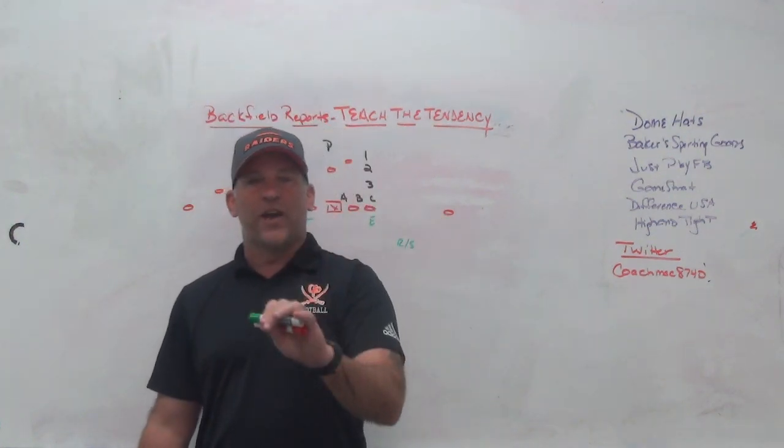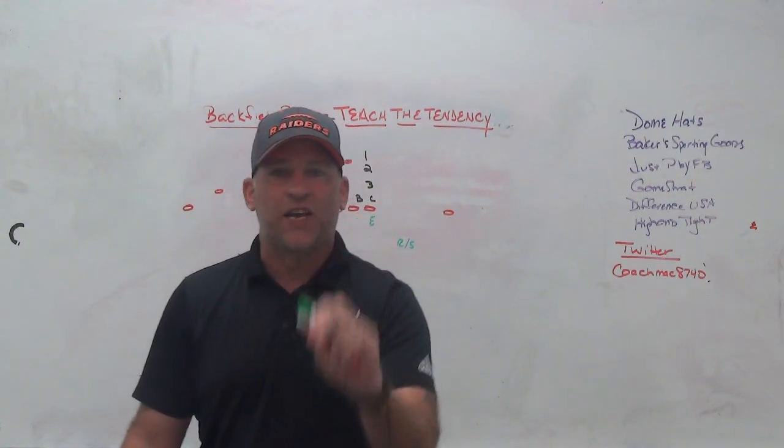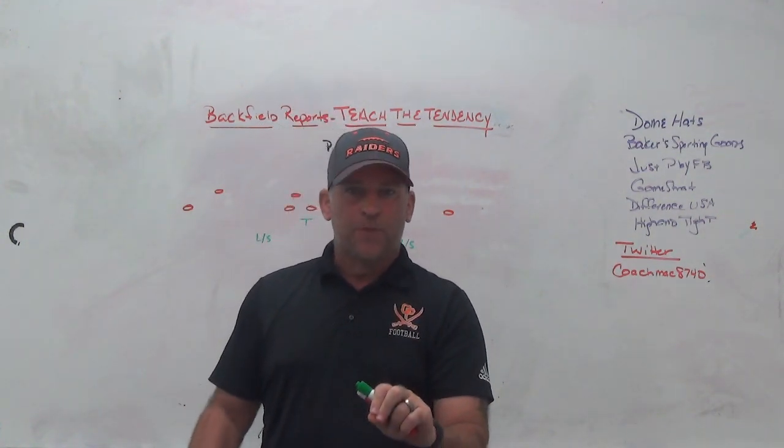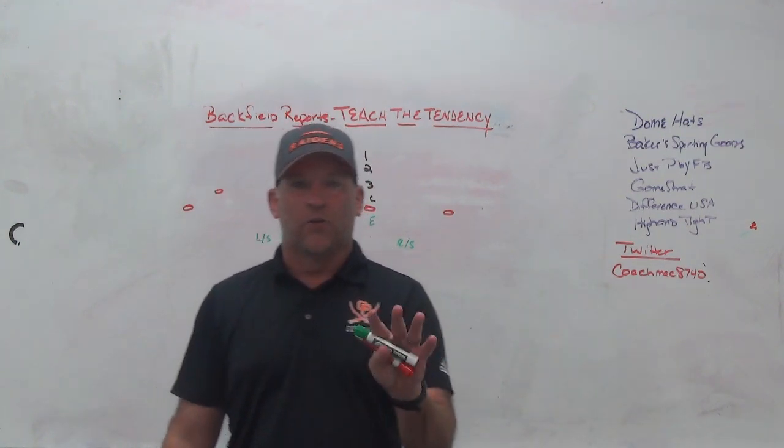But as you create and generate a backfield report, what you're trying to do is teach the tendencies to your players, because it may affect their alignment or their technique a little bit, and I'll get into that.